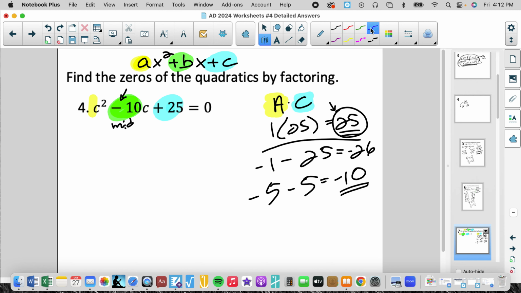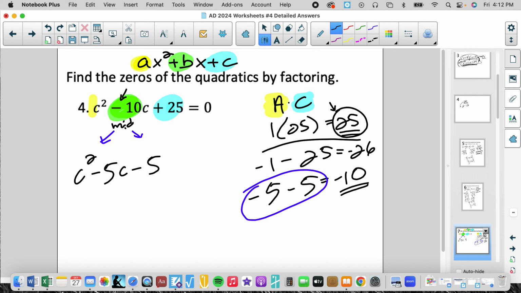So I see that my two terms, I'm going to split that middle into 2. I'm going to turn this 3 term into 4 terms. Minus 5c minus 5c plus 25 equals 0. Because remember, negative 5c and negative 5c makes this negative 10c. So that works.